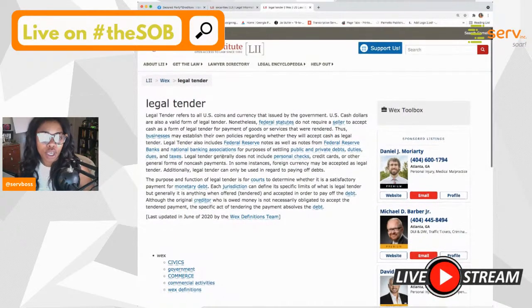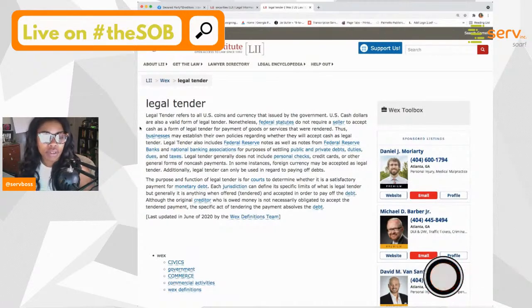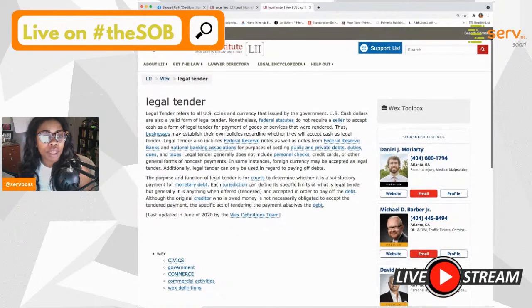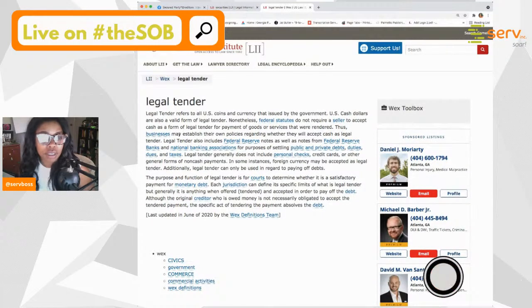Okay. So U.S. cash dollars are also a form of legal tender. Nonetheless, federal statutes do not require a seller to accept cash as a form of legal tender for payment of goods or services that were rendered. Okay. Thus, businesses may establish their own policies regarding whether they will accept cash as a legal tender.